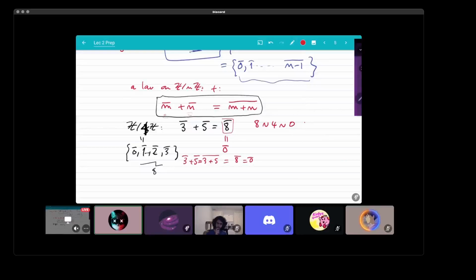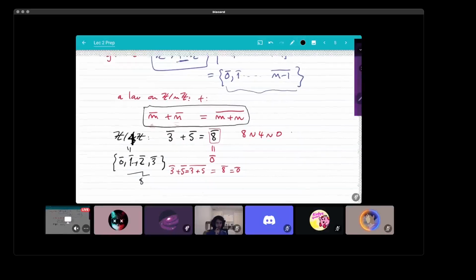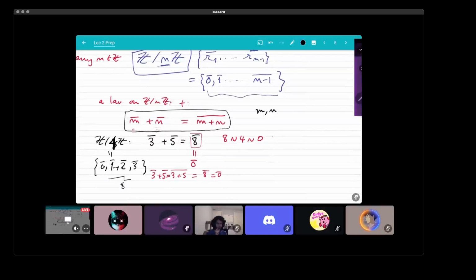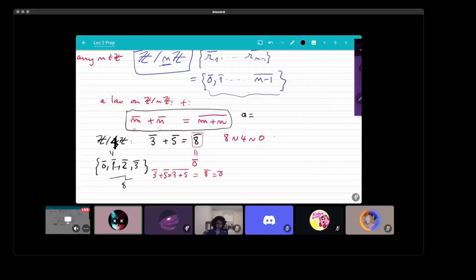And the whole question of whether this is well defined or not means: does it make sense if I have two integers a, b, where if I divide a by k, I'll have a remainder m, and if I divide b by k, I'll have a remainder n.